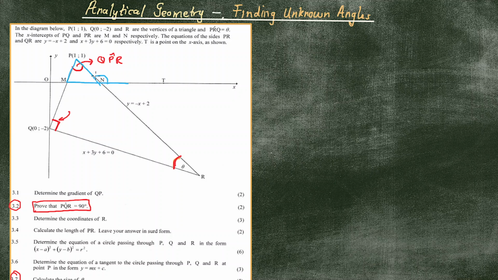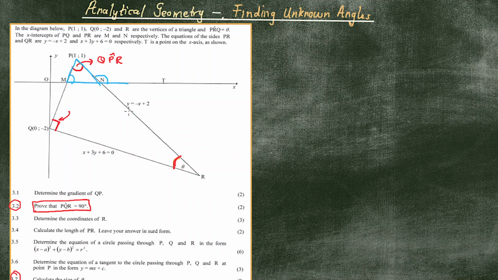So you need this angle of inclination. Then we apply the theorem. Then you calculate QPR. After calculating QPR, you use the sum of angles in a triangle. These angles combined give us 180 degrees. Then you calculate theta accordingly.